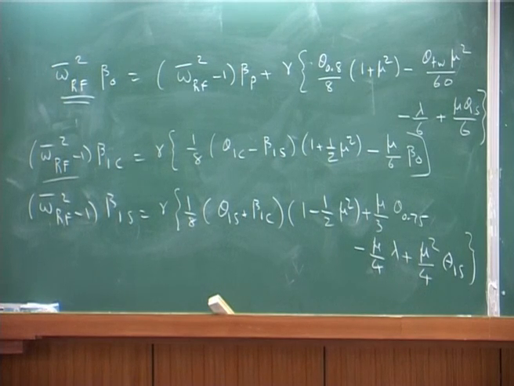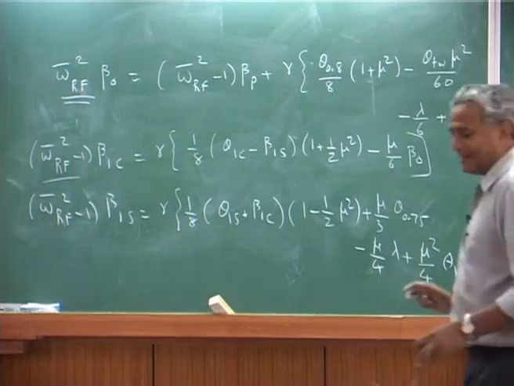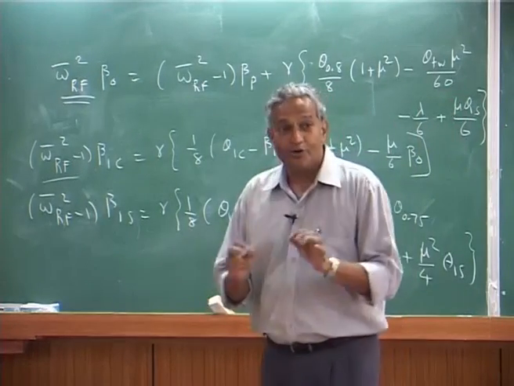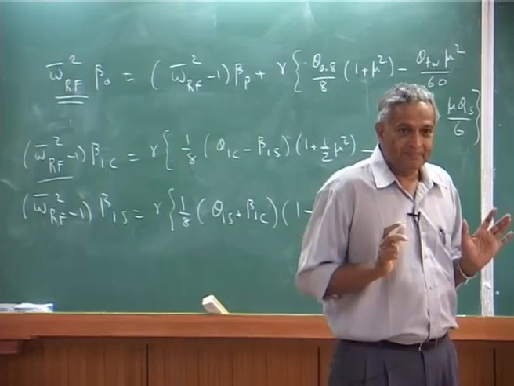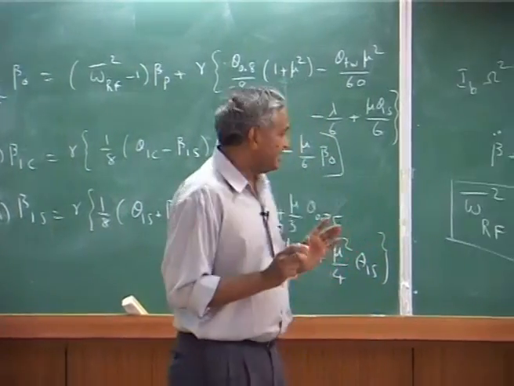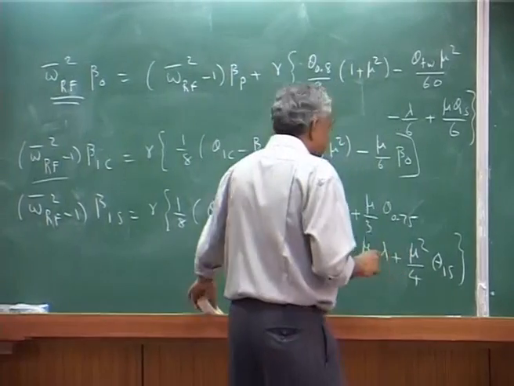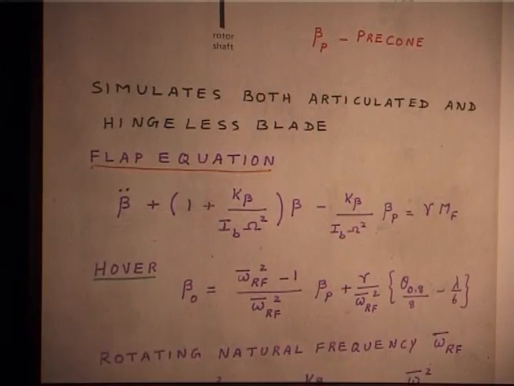Now, if you take the hover case, because I am coming to the simple flight condition, which is the hovering flight condition, then you set mu to 0. If you do that, let us look at only the beta naught part, that is the coning.